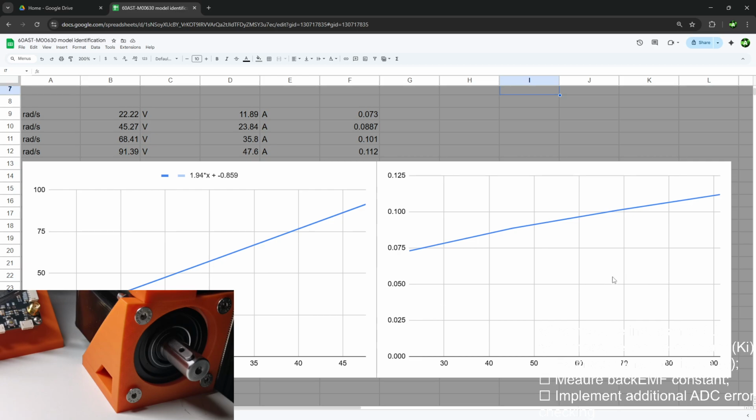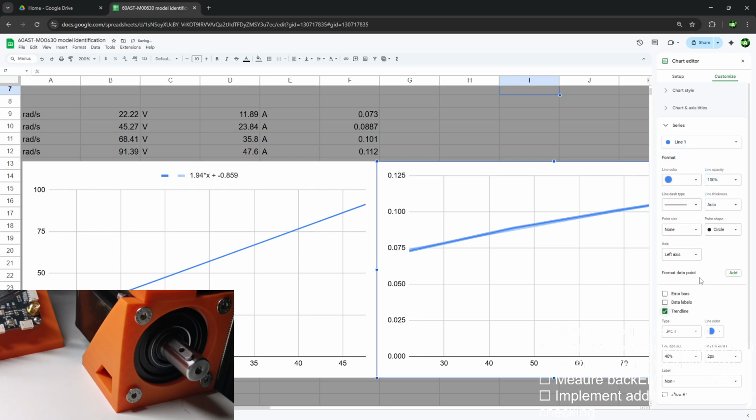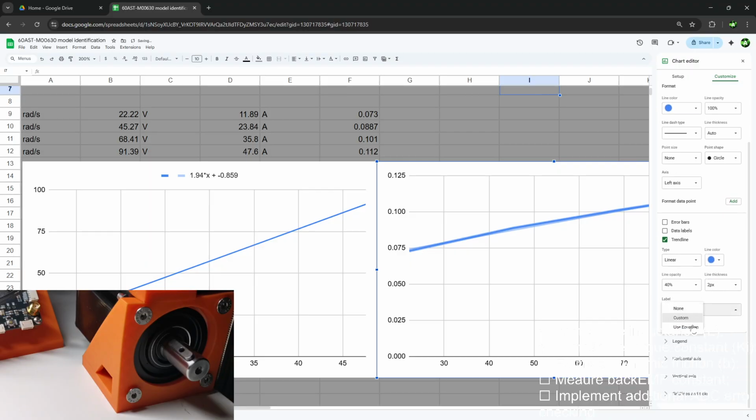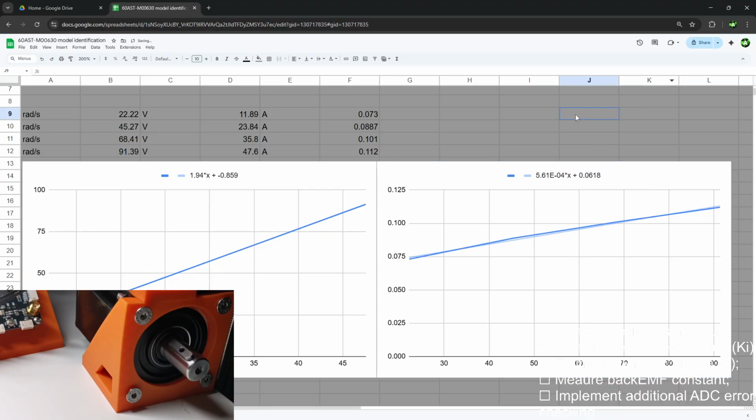So this is our RPMs, and we need to also plot the graph here. Trend line, linear, label, equation. Very good. So our B is actually clearly seen on this graph. So what does B say? B is the torque that is induced when speed increases.